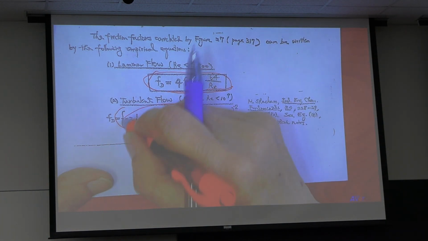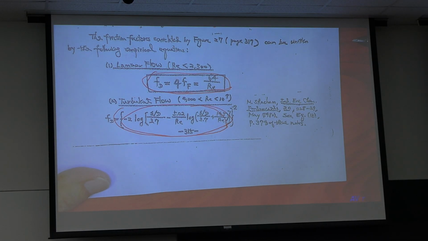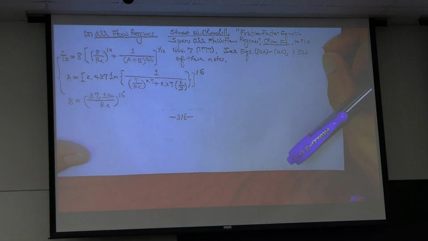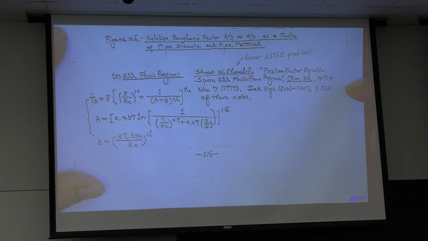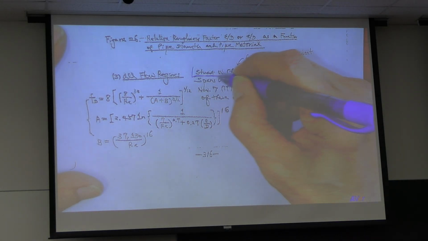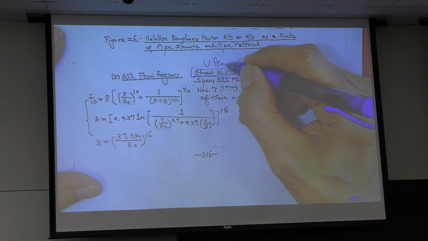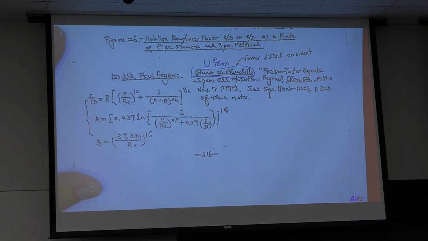Turbulent flow. Now people have different kinds of correlations. 315, 316. This one is from Stu Churchill, University of Pennsylvania, former AIChE president. He liked to do correlations.